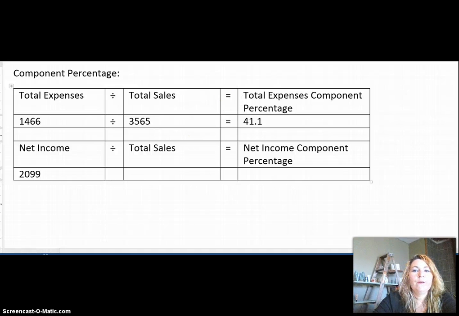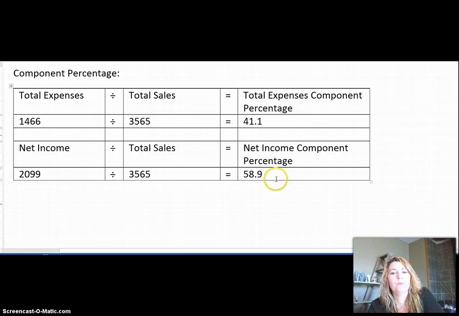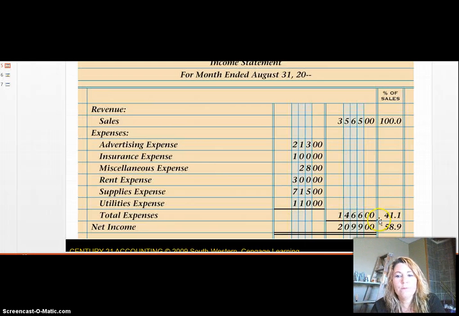We're going to divide that by the amount of our total sales, and our total sales was showing as $3,565. So that is going to equal a net income component percentage of 58.9. Okay, again, you don't have to put the percent sign because we already know it's a percent. So we would take that back over here, put our 58.9.